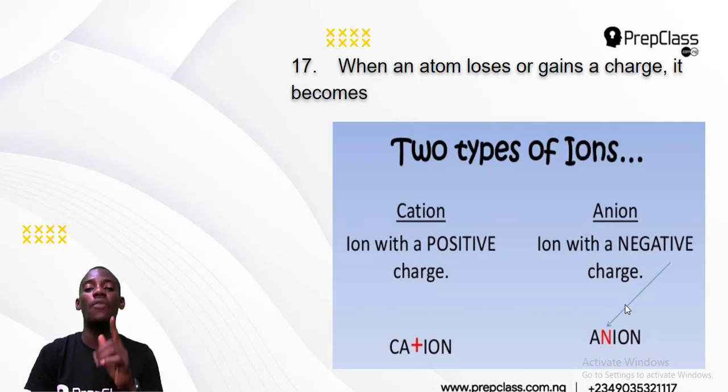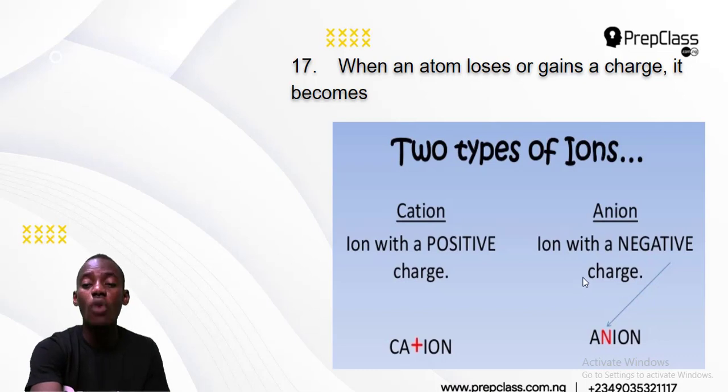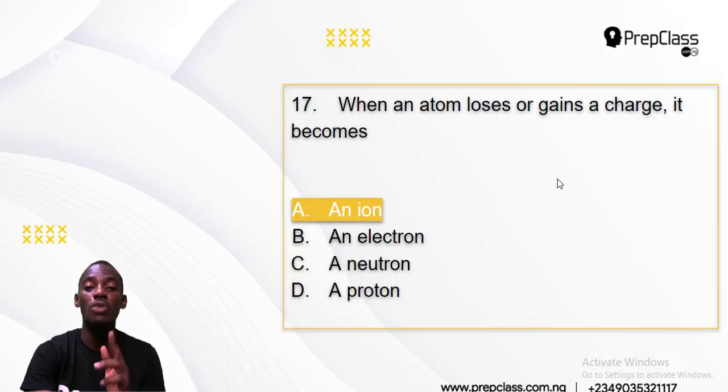While the charge of sodium is +1. That means the oxidation number of sodium is +1. That means it needs 1 electron. So anything positive in science needs an electron, or it has less electron, while that which is negative has excess or surplus of electron, and the two of them are called ion. So anything with positive charge or negative charge is called an ion, and that is the answer for number 17.